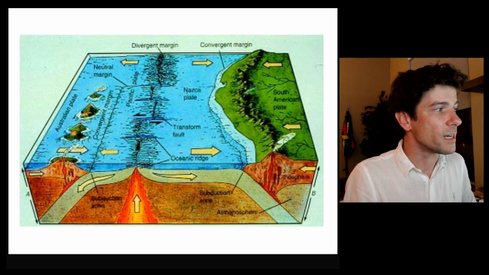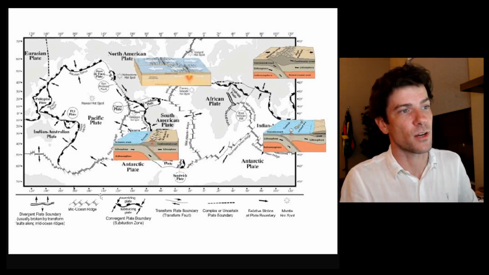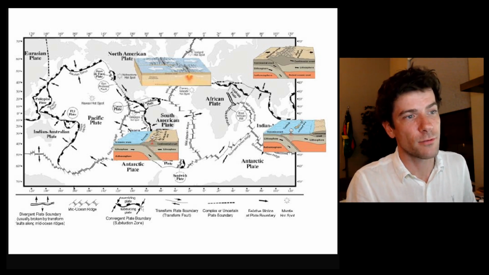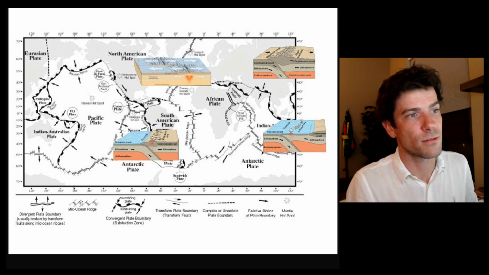But what you see here, and I think it's super obvious on this, is that we really just have two types of boundaries. We have convergent boundaries that have these little square teeth on them, and then we have mid-ocean ridges that have this interesting and unique looking shape. You see that these are convergent, right?